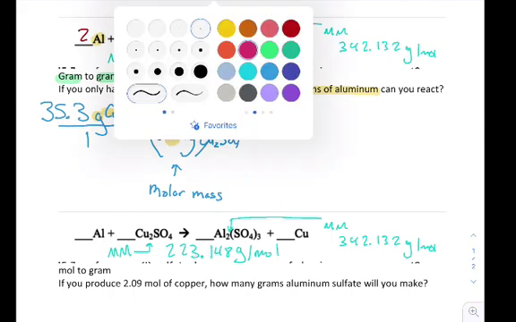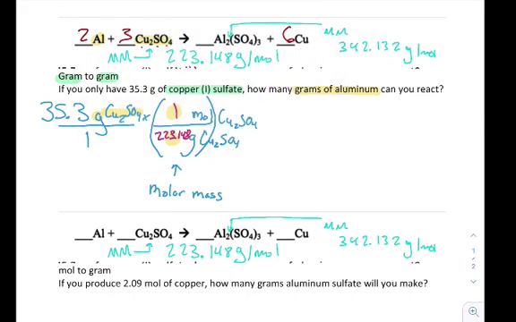Now I'm not done with the problem because I haven't gotten to aluminum and I'm not even in grams anymore. By setting the problem up like this, the grams cancel, as do the copper sulfate, but I did move into moles of copper sulfate.